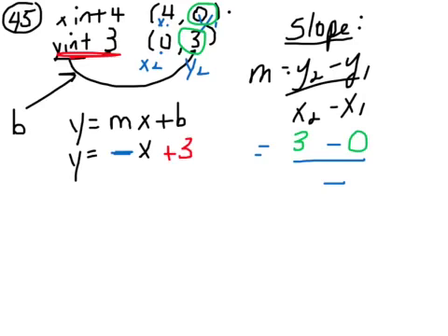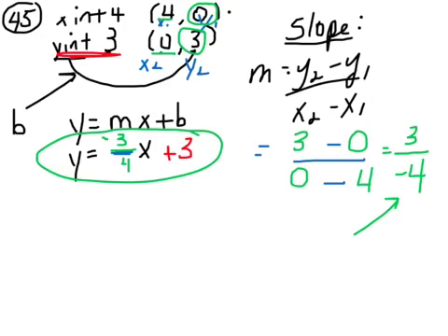And then on the bottom, it's x2, which is 0, minus x1, which is 4. Well, 3 minus 0 is 3, and 0 minus 4 is negative 4. This is my slope right here, and all I've got to do to finish this up is stick it over here. It's 3 over negative 4, but I could put the negative on the top if I want to, or I could put it even with the fraction bar. I could have left it on the 4, but either way, this is our equation for 45.